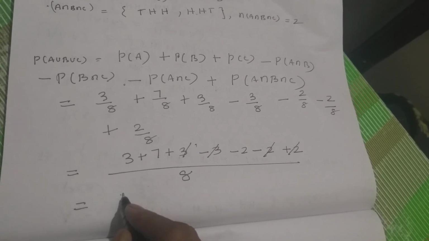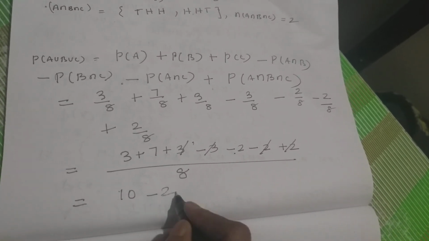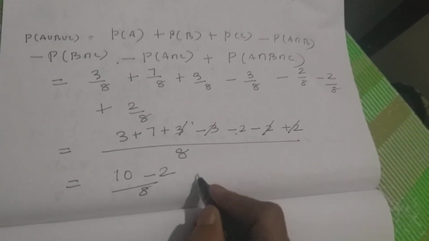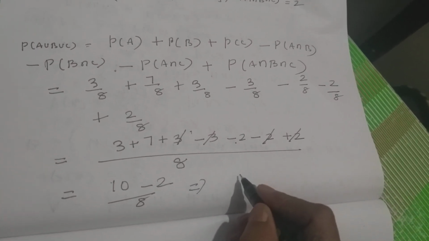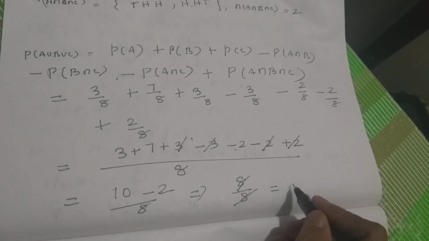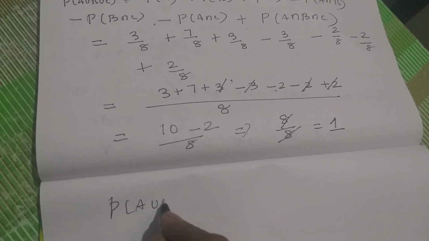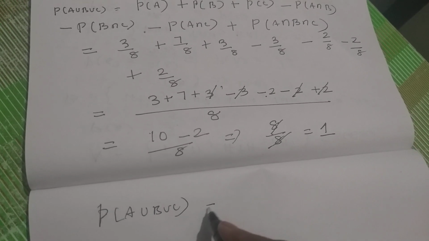Any other plus number? No. So 10. Here there is only 1 minus, 2. So 10 minus 2 by 8. 10 minus 2 is 8, so 8 by 8 gets cancelled and you get 1. So your answer is P of A union B union C is equal to 1.